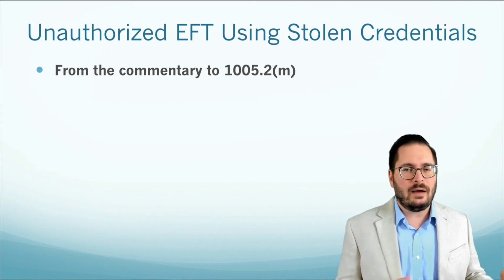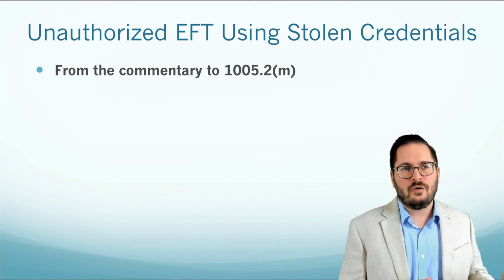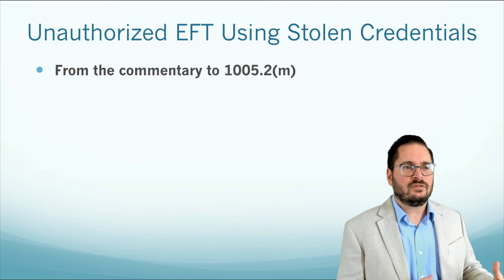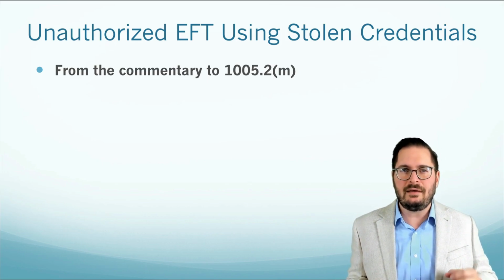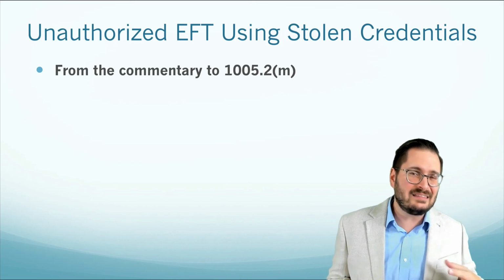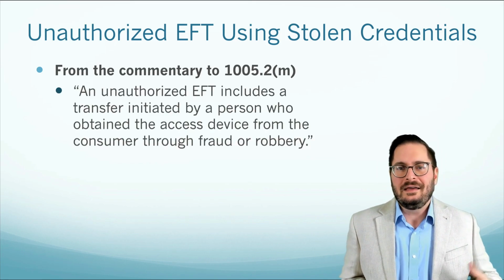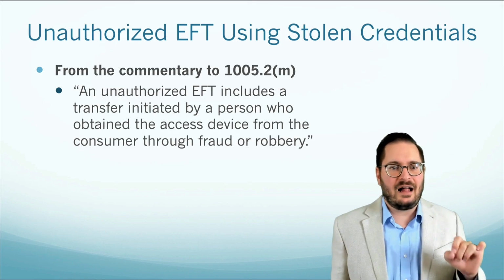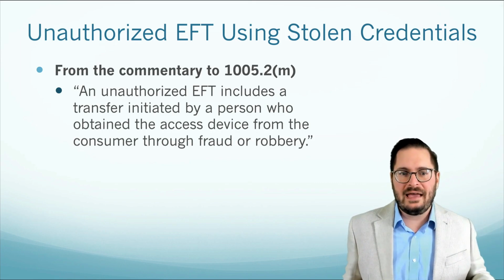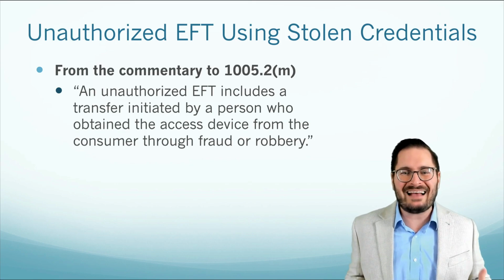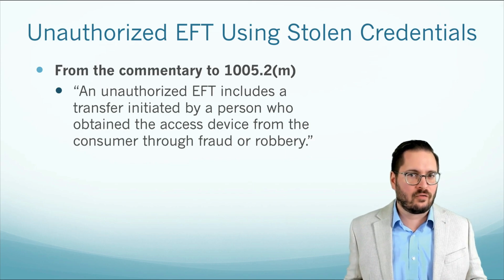Now, the commentary goes on to give us a little further guidance on whether the account was used through fraud or through other means, even if the consumer maybe did technically authorize it but didn't realize that they were authorizing it. So here's what the commentary says: an unauthorized EFT includes a transfer initiated by a person who obtained the access device from the consumer through fraud or robbery.